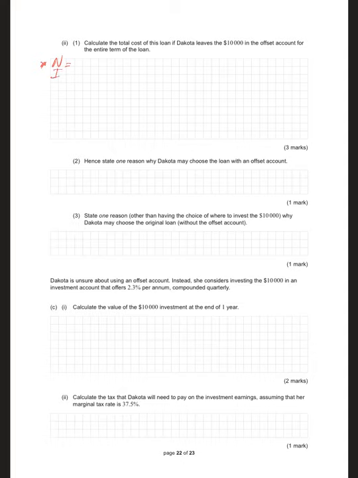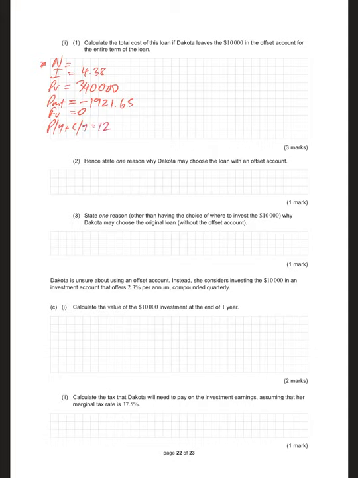So it's going to be shorter. PV is not going to be 350 grand, it's going to be 340 grand. Her payments were established in the previous question, 1921.65. FV is going to be 0, PY and CY are both 12.